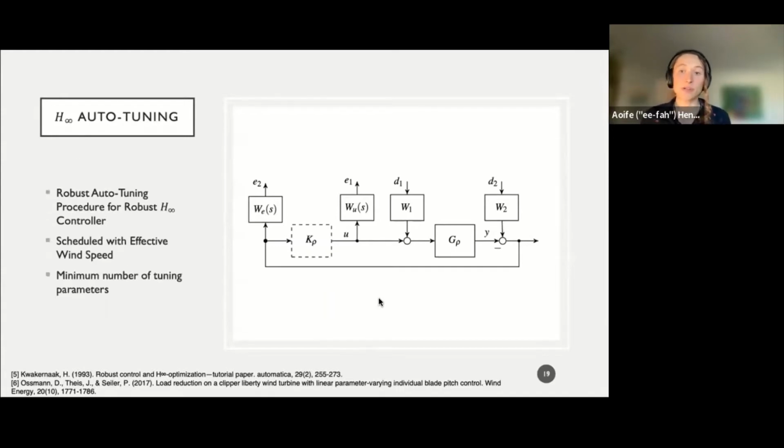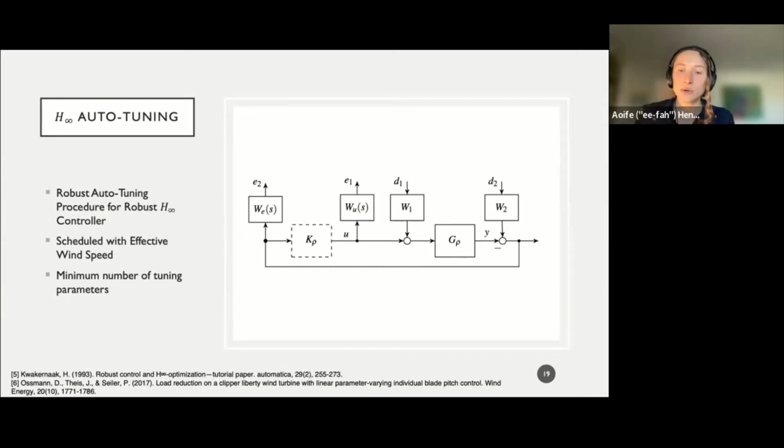Ultimately, in this project, we want to develop a robust auto-tuning procedure for robust H infinity controllers, meaning that we want the auto-tuning procedure to be reliable to errors in our wind turbine models, and also errors in our specifications, so that it should still tune a decent or good enough controller despite these errors.